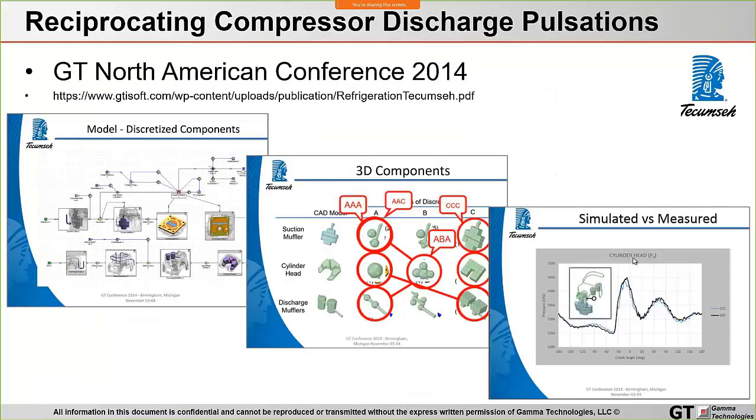Sticking with another compressor, in this case being a reciprocating compressor for an air conditioning or refrigeration type, in this case a refrigeration type system. And you can see the detailed component modeling, not only solving just the bare compressor, but also all of the piping on the suction side and the discharge side that influences the noise coming from the compressor.